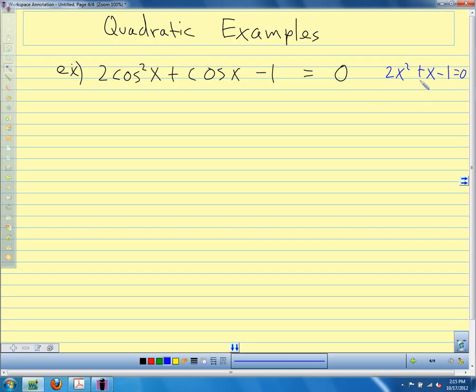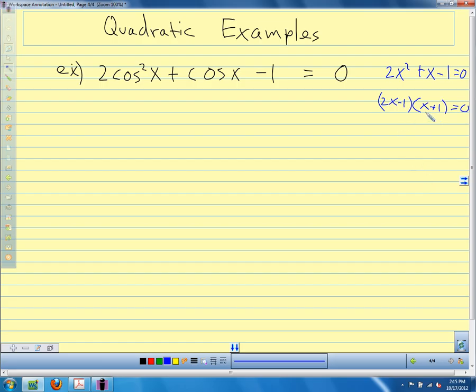So how would we factor 2x squared plus x minus 1 equals 0? I know I have a 2x and an x, and I have to have a 1 and a 1. So how do my signs have to go? Minus and plus.